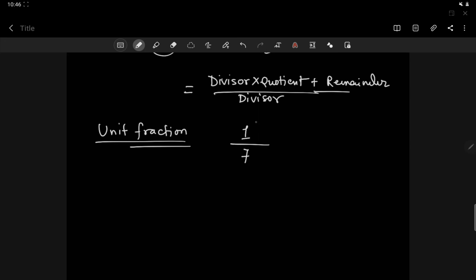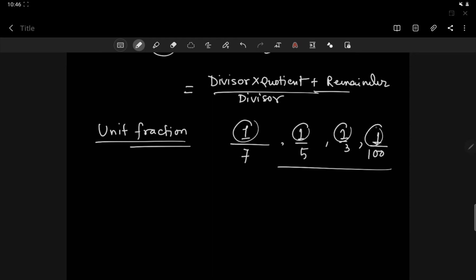All the proper fractions whose numerator is 1 are called unit fractions. 1 by 7, 1 by 5, 1 by 3, 1 by 100, they are all proper fractions, and you can check all the numerators are 1. That's why they are unit fractions. Unit means 1.